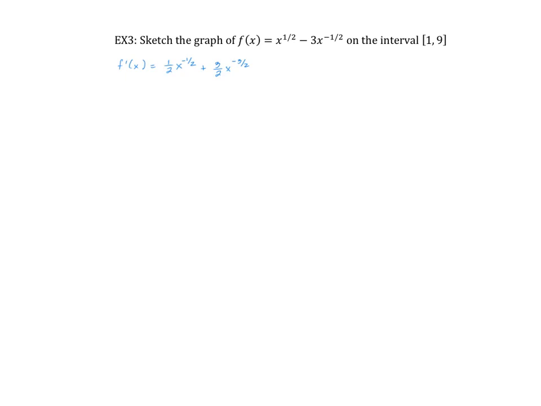Okay, so what I'm going to do is find my critical points by setting the first derivative equal to 0. And you know what, I can see that I could factor out an x to the negative 3/2. What I have left over when I factor that out would be a 1/2 x plus 1.